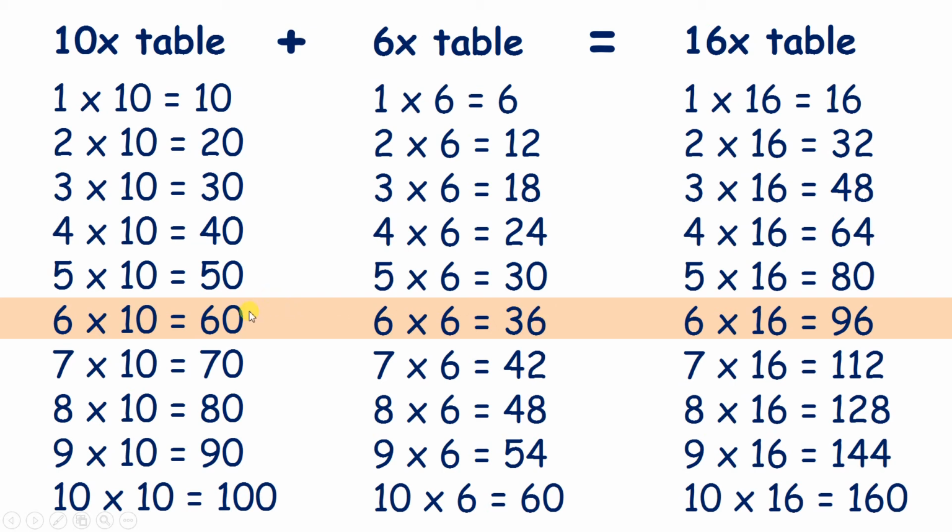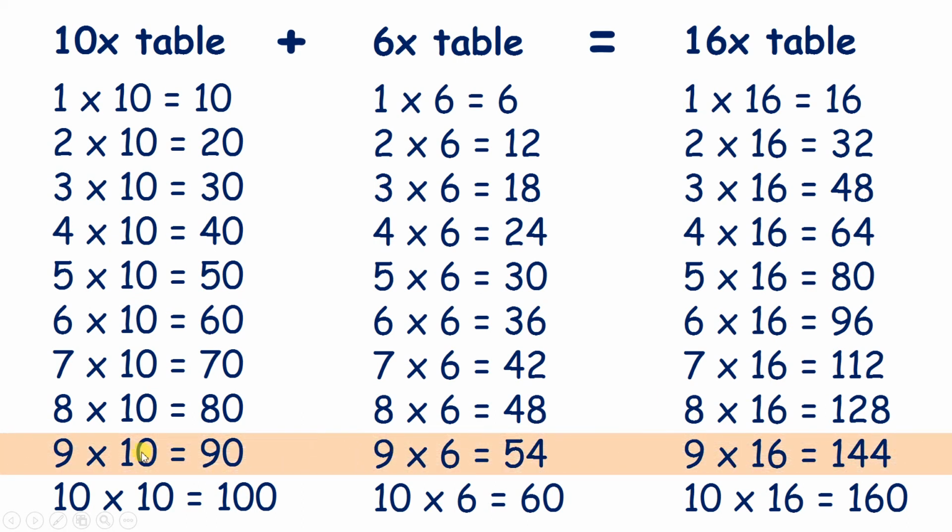So we added 60 and 36 to give us 6 times 16, which is 96. And for 9 times 16, we added 9 times 10 and 9 times 6. So we added 90 and 54 to give us 9 times 16, which is 144.